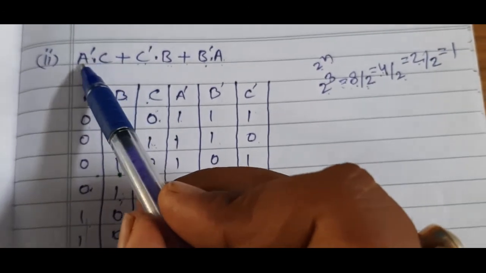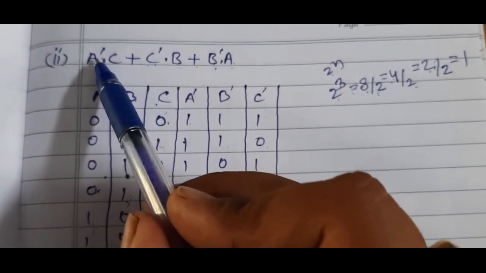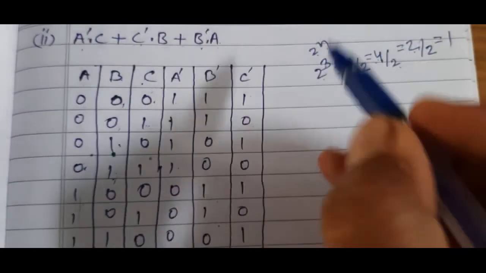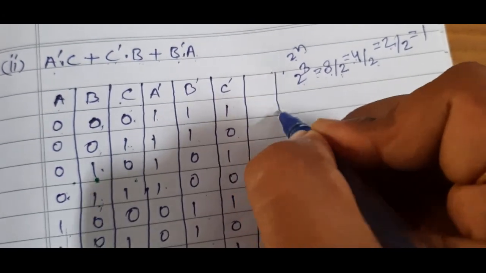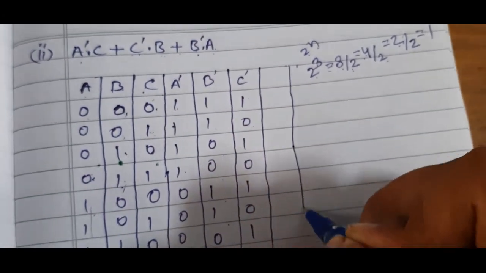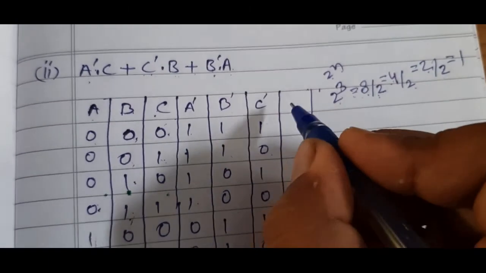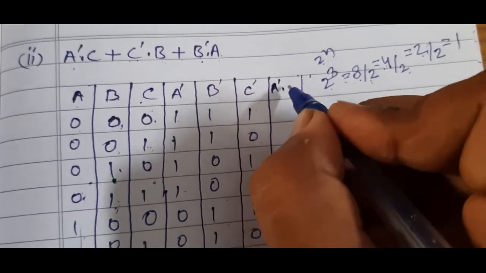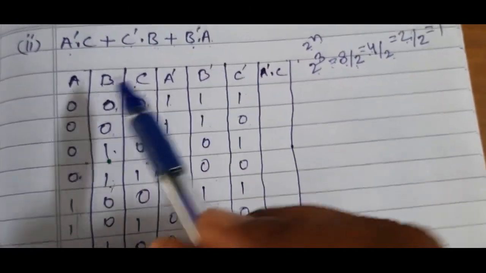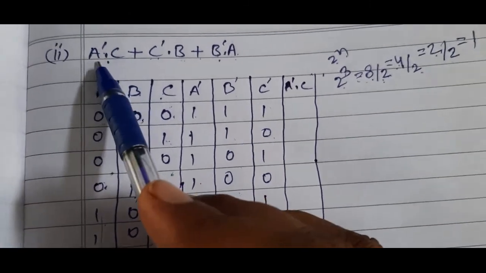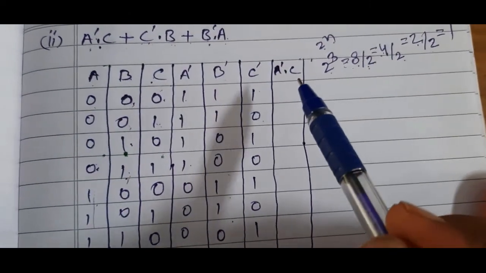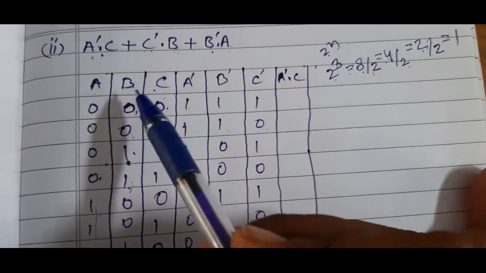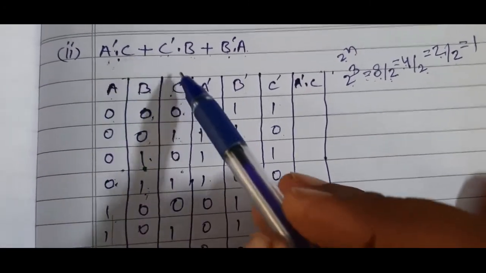Now what is our equation asking? Our equation is asking A negative and C. So we have to make a new column for this output, A negative and C. Because it is AND, both conditions must hold: if both are positive, the output will be positive.